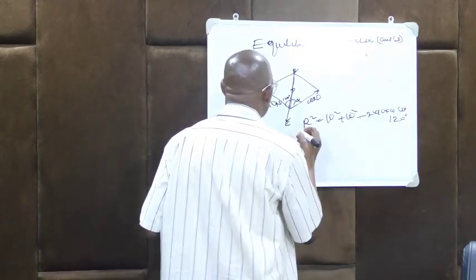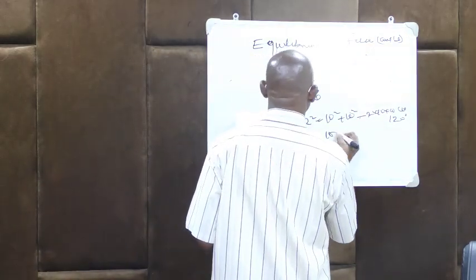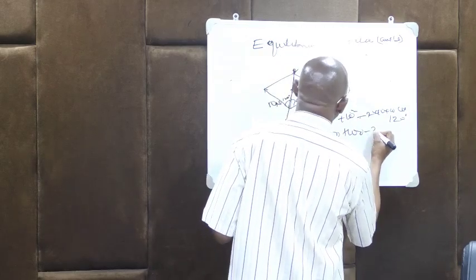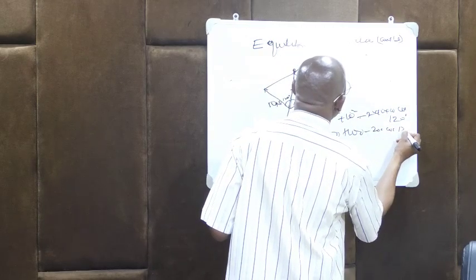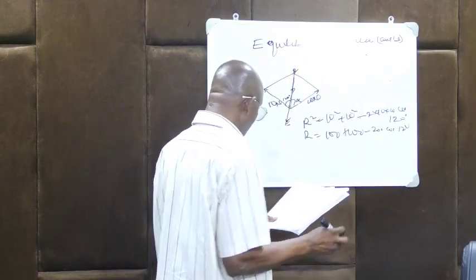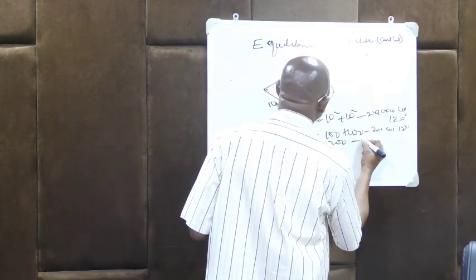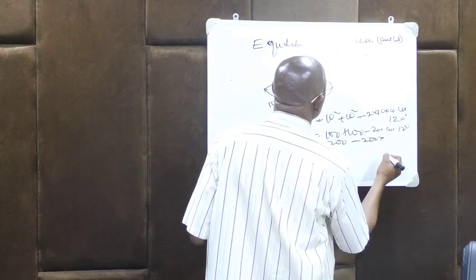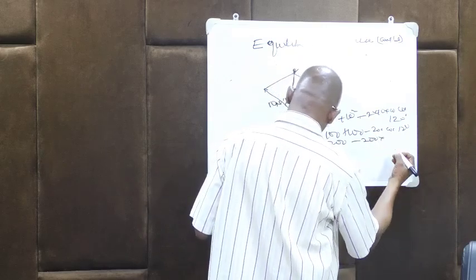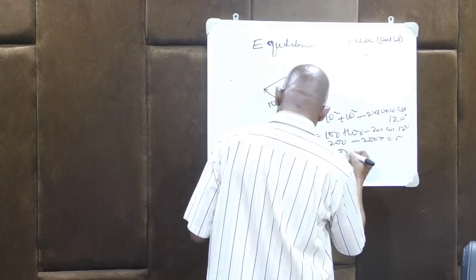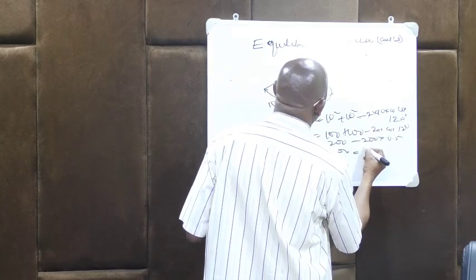So when we do this, let's continue. This is 100 plus 100 minus 200 cos 120 degrees. That is 200 minus 200 times cos 120, which is 0.5. Then this becomes 200 minus 100.